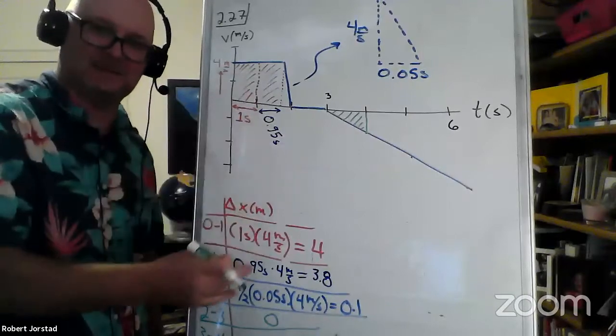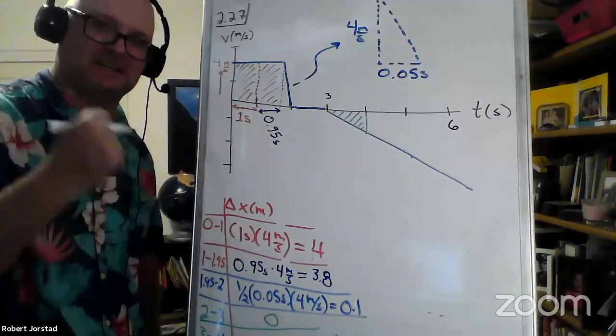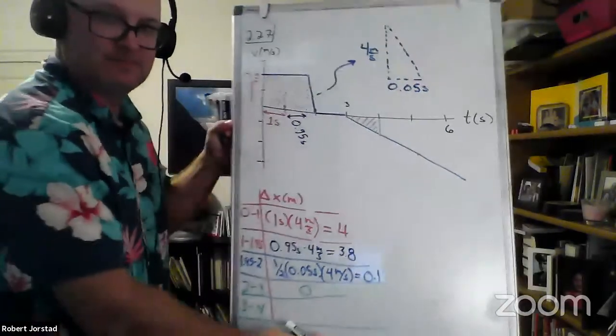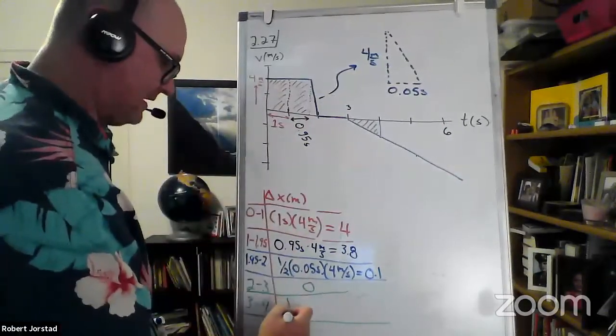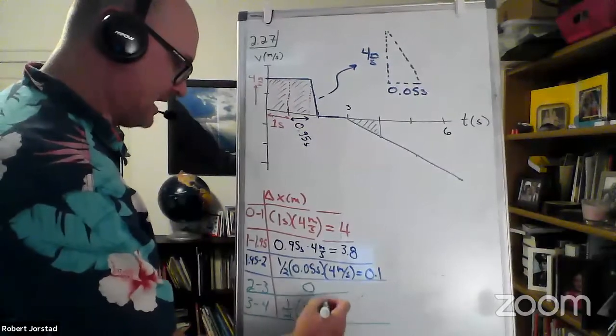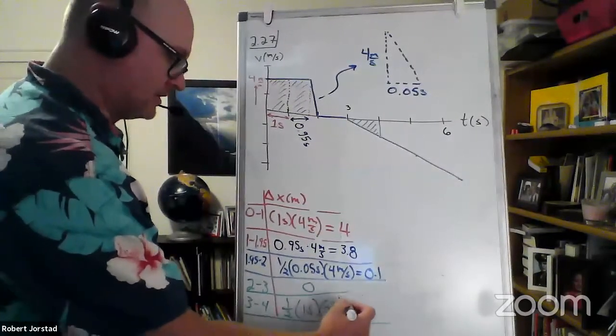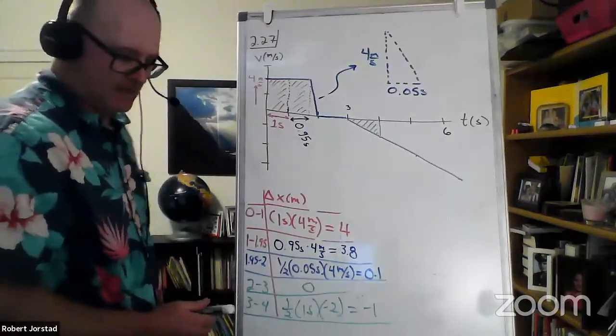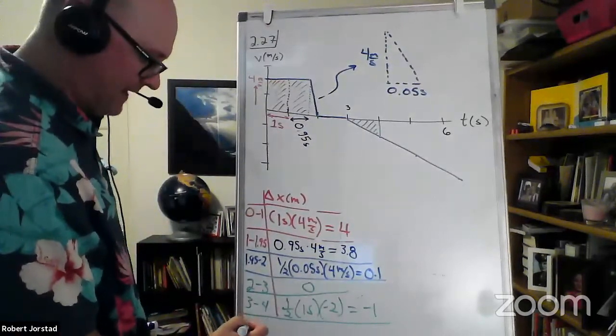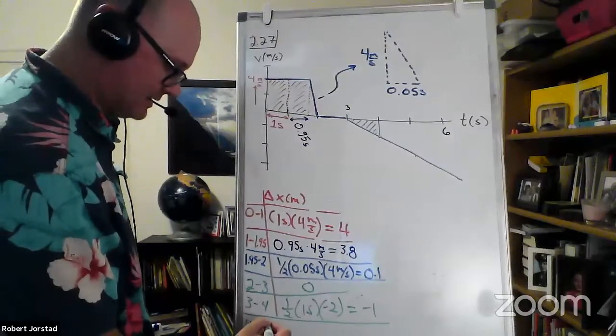And that's what I was really hoping. I was trying to lull you guys to sleep to see if you would remember the minus sign, and you did. Great. Nice job. I was trying to sneak one past you, but I couldn't do it. So it's 1/2 times 1 second times -2, which is, I think, what'd you say? -1? Yeah. And then from 4 to 5, there's lots of ways you could do this.